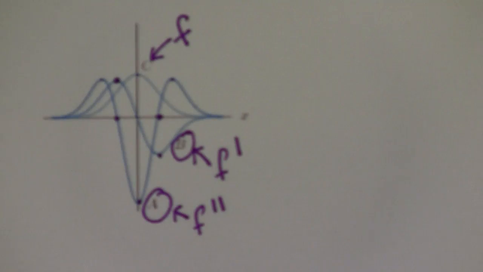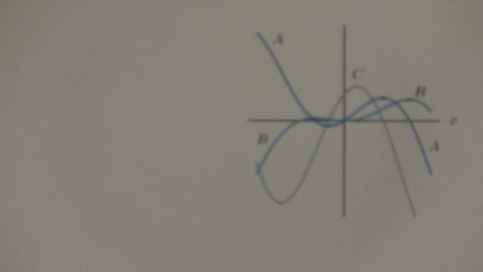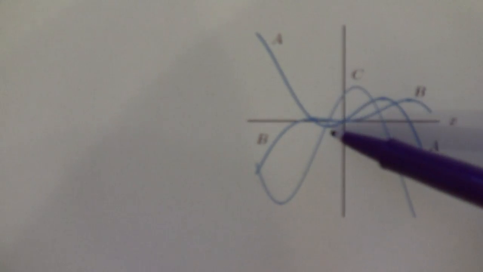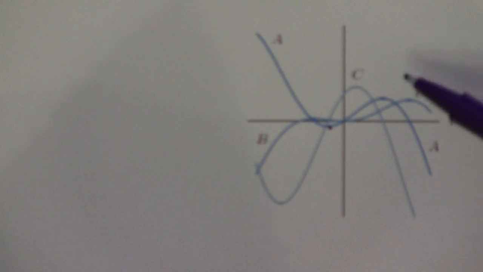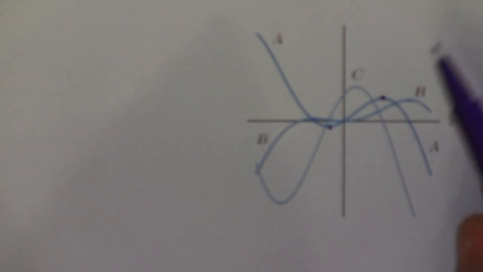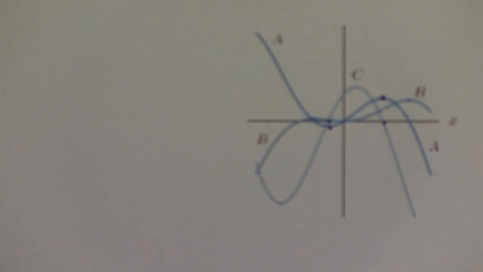Okay, so let's do the other one. If we apply the same line of thinking that we applied to the previous problem, let's take a look at the flat spots of each function. A has a flat spot right here, and then it has a flat spot right here. And if we try to match it up with the zeros of another function, notice that it matches up with C here and here.